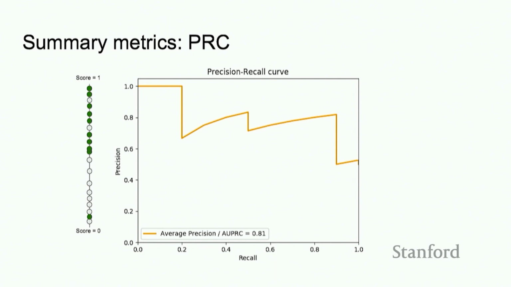Right? And another observation that you can make is that while the ROC curve always started at the top left corner and ended at the bottom right corner, the precision recall curve, when it reaches 100% recall, when you take the threshold all the way to 0 and effectively predict everything to be positive, your precision will be exactly equal to your prevalence, right?